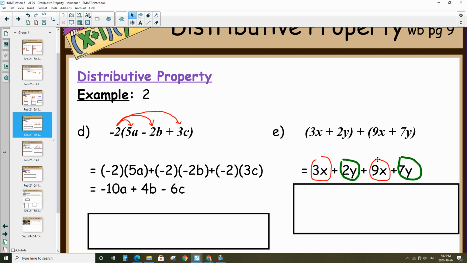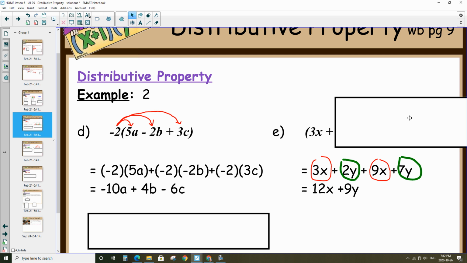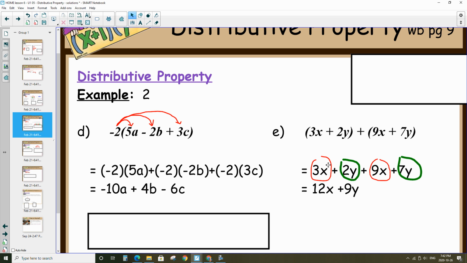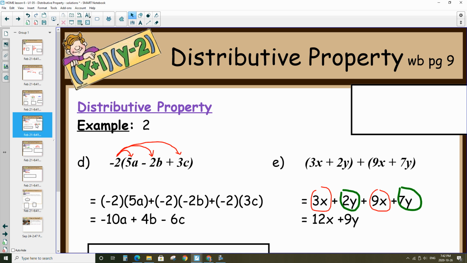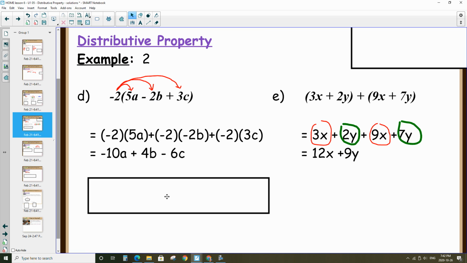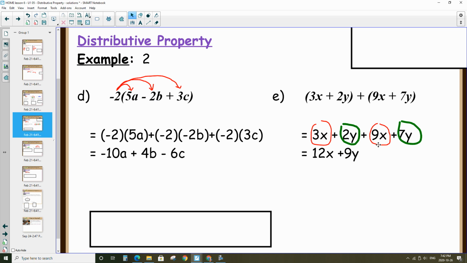The 3x can be matched with the 9x to get 12x, and the 2y will get matched with the 7y to give us 9y. Notice when we're adding terms, we're not changing the endings, right? When we're multiplying, we do, right? Like on the previous example, we multiplied x times 2x, we got 2x squared. The ending changed, we added the exponents. That's in a multiplication. When you add terms, you do not do that. You just keep the endings the way they were.